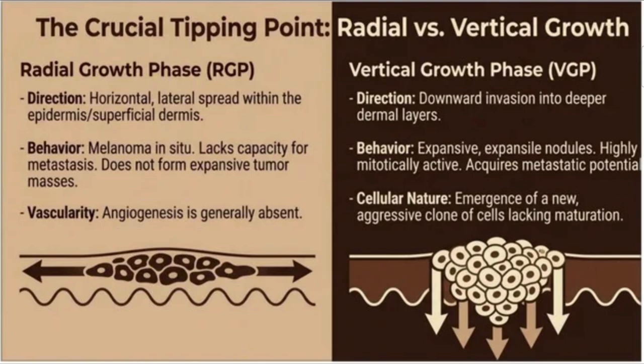Then there is the crucial tipping point, that is radial versus vertical growth. The radial growth phase direction is usually horizontal. Location: it occurs within the epidermis or superficial dermis. Metastasis is usually absent and there is little or no angiogenesis.